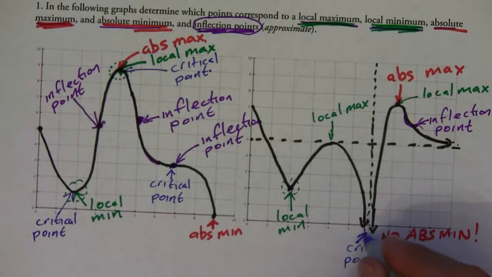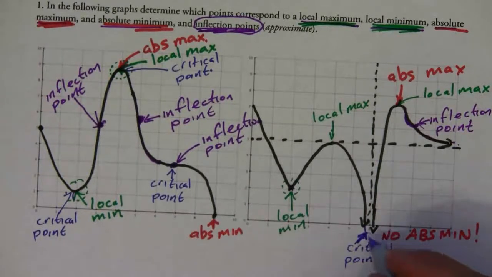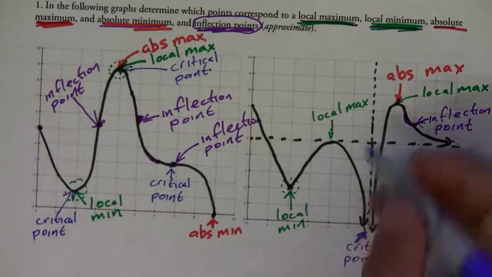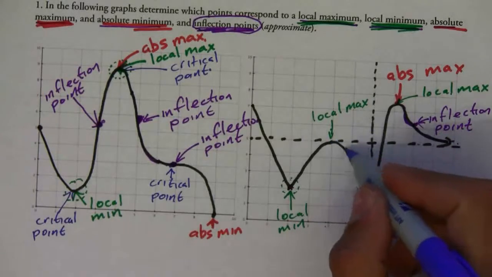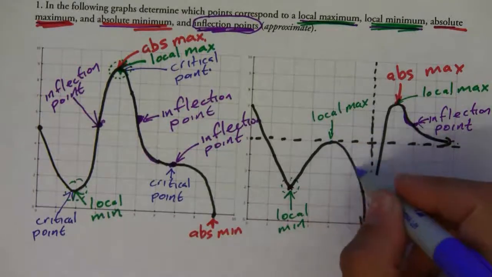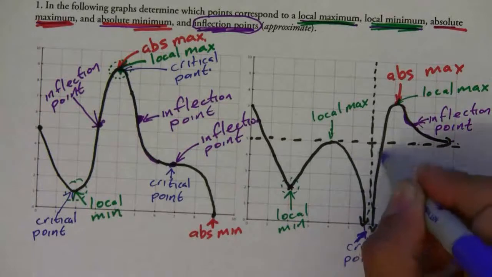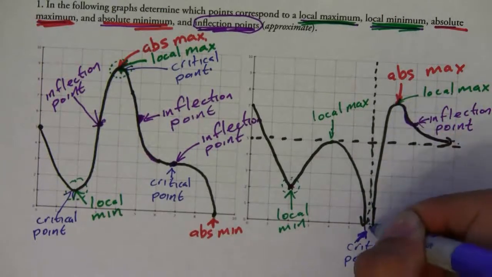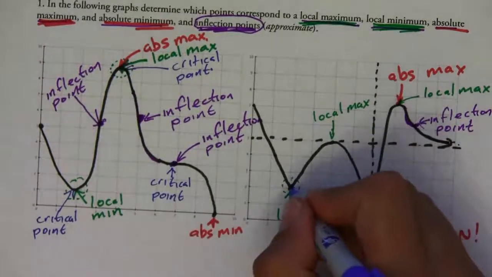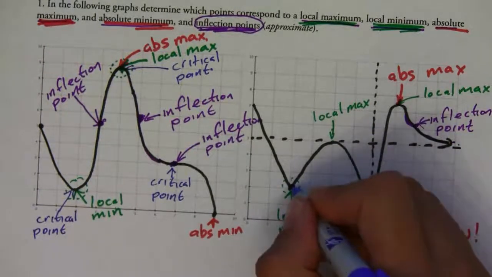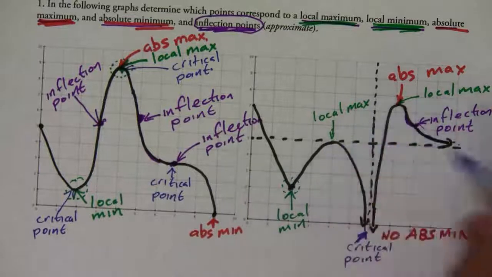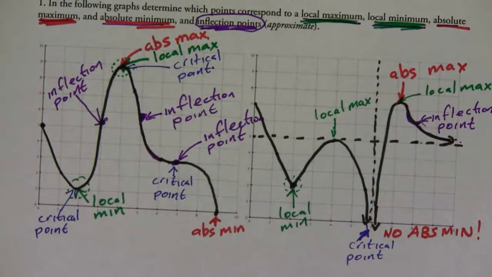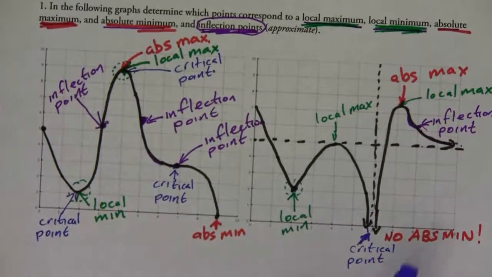Now, it doesn't have a maximum or a minimum there because it's a vertical asymptote, but notice that it's a place where the function changes from decreasing to, after the asymptote, increasing. So this is definitely a critical point, as well as the sharp edge right here where the first derivative is undefined. And so that's the first problem.